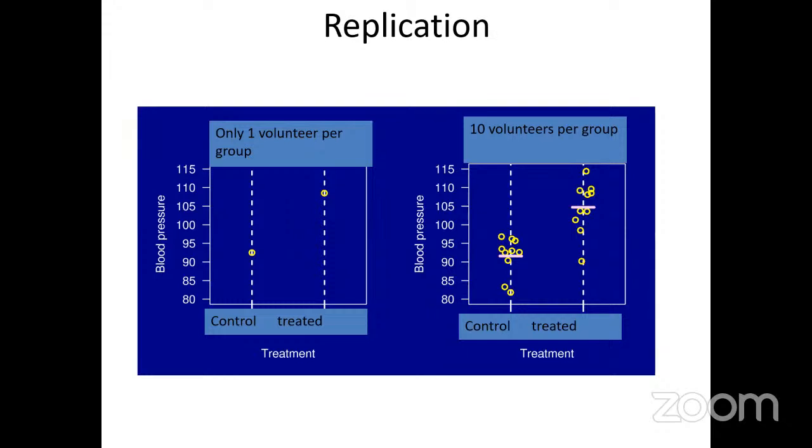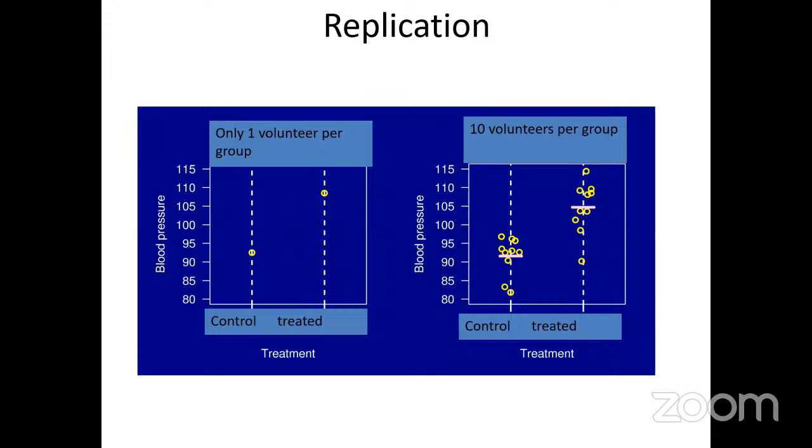So replication is always important. You repeat at least 3 times, 4 times, 5 times, and get the data. The more you do, the better your confidence. You will have less standard deviation or error. So any experiment has to be replicated a minimum of 3 times. More is better, but minimum 3 times.